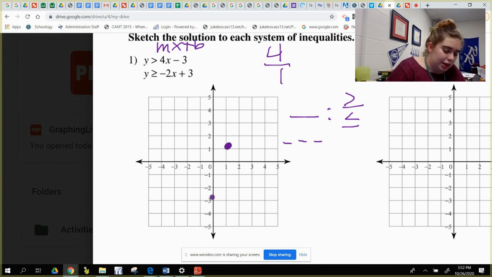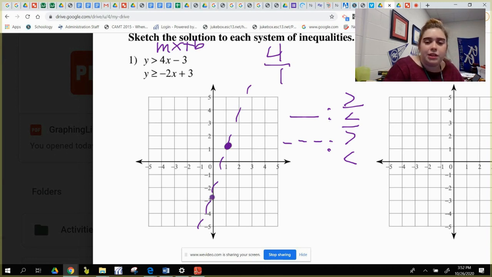We draw a dotted line when we have greater than or less than. On this first one, we have just greater than, so we're going to draw a dotted line through those points.